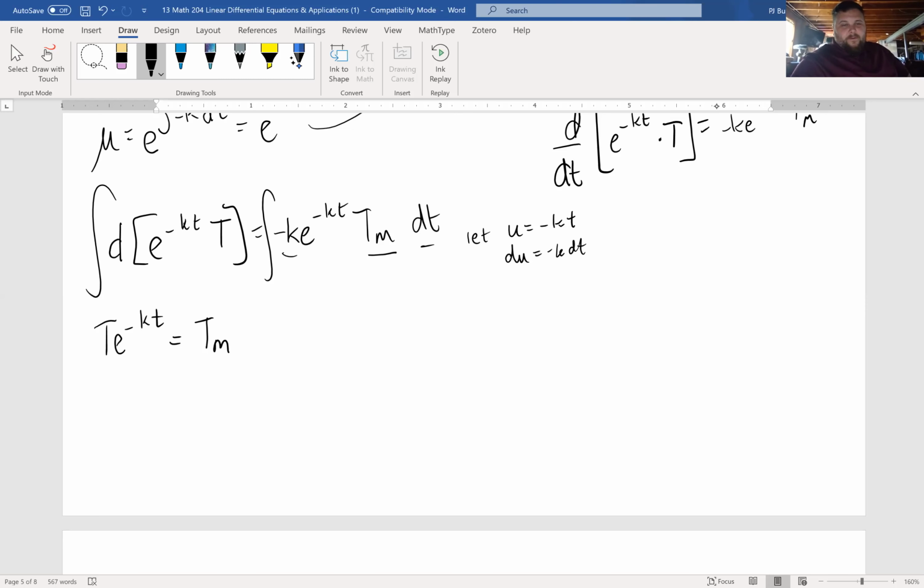So that'd be the integral of e to the u du, or just e to the u plus a constant. That's fine. We can leave it like this. Tm, this would be e to the minus kt plus c.